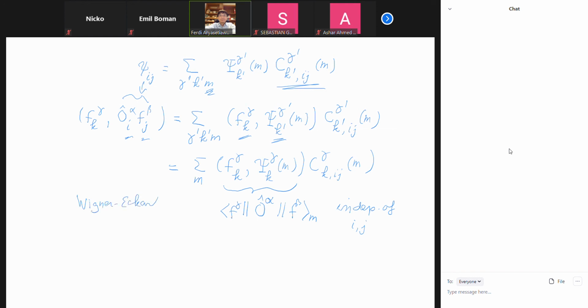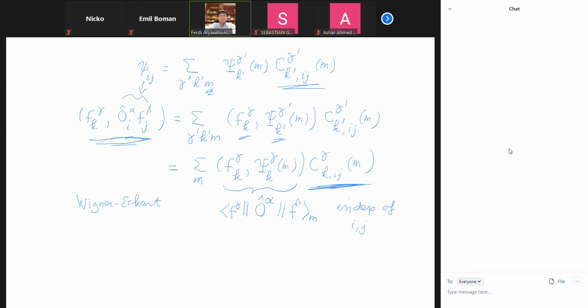So the Wigner-Eckart theorem is kind of nice because it factorizes these matrix elements into a part which depends entirely on the symmetry. So this is the Clebsch-Gordan coefficients. We have seen that the Clebsch-Gordan coefficients don't care about what the functions are, as long as they transform according to certain irreducible representations.